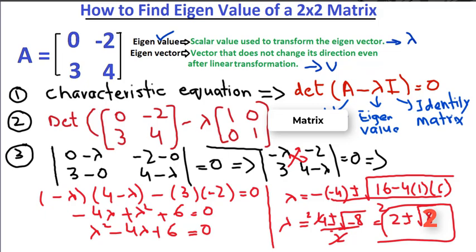This is a complex scalar value as there is an iota also. These scalar values show the eigenvalue, the scalar factor by which the eigenvector is scaled after the linear transformation. That's all from today's lecture. In my next lecture, I will tell you how you can calculate the eigenvector. Thank you.